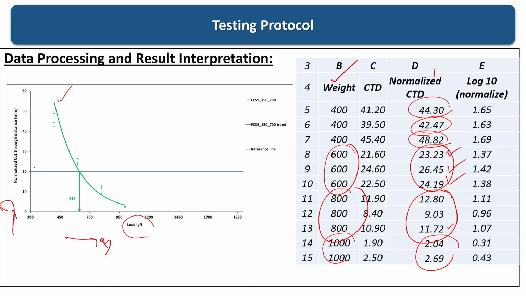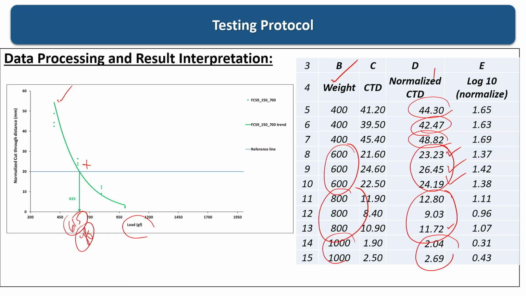So, for 20 millimeter, if we draw a horizontal line parallel to the x axis, it will intersect the curve at this point, and if we draw a vertical line, it intersects at the 615 gram force value.